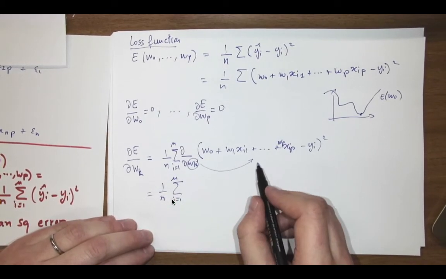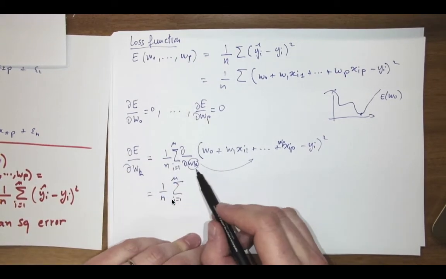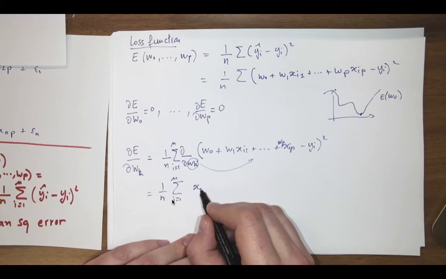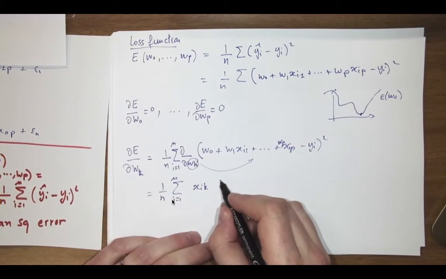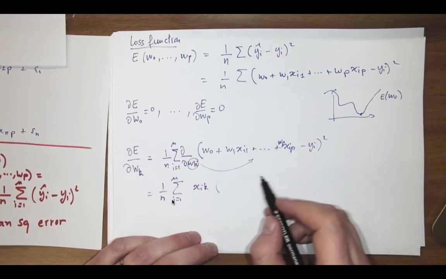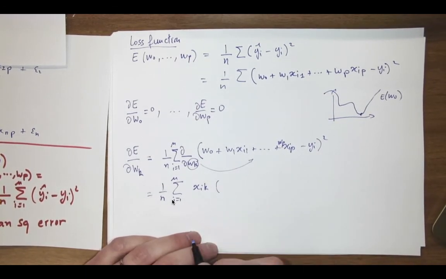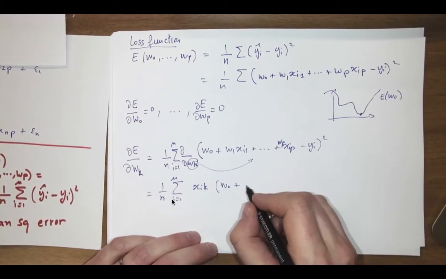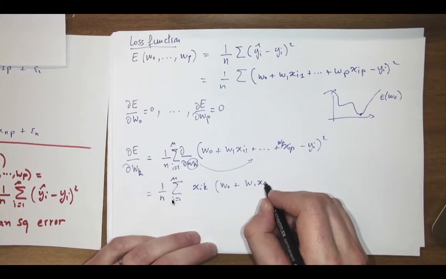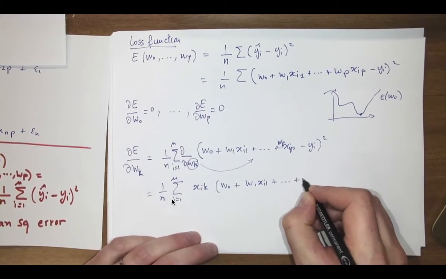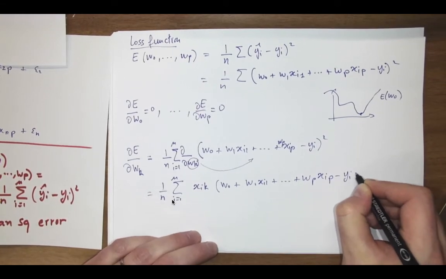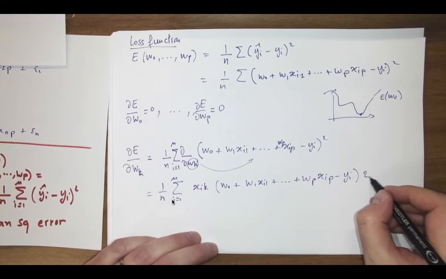What you get here is basically the coefficient of wk, and the coefficient of wk here has to be xik, and then you have these guys at power n-1, so in this case, just the term itself, and times 2.